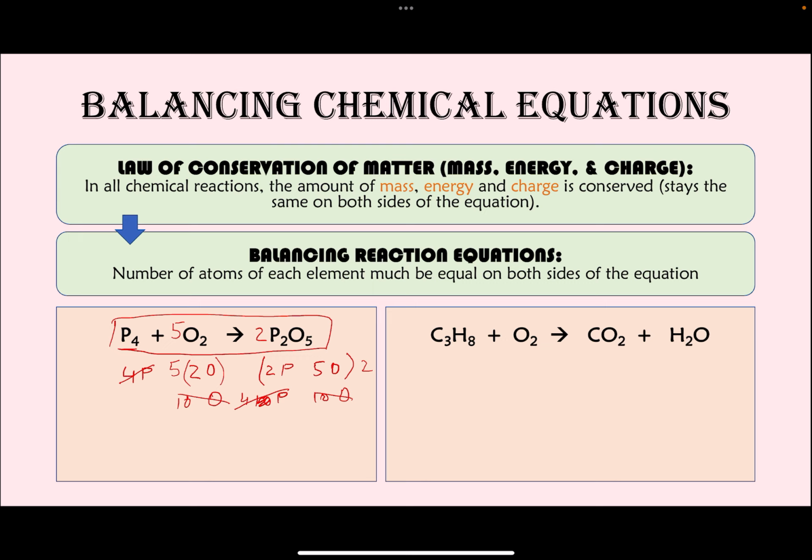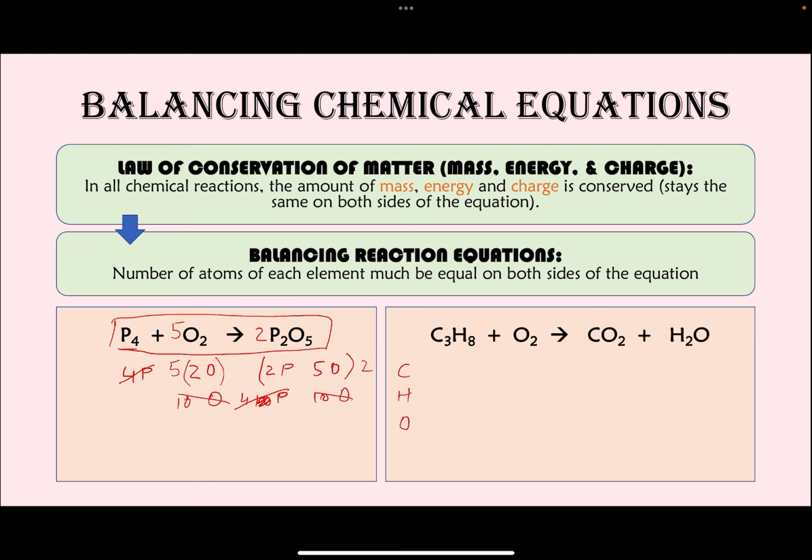So here we have this one. We can go ahead and maybe make a table for all of them. So let's do carbon, we have hydrogen, we have oxygen. These are the three elements that we have on both sides, right?